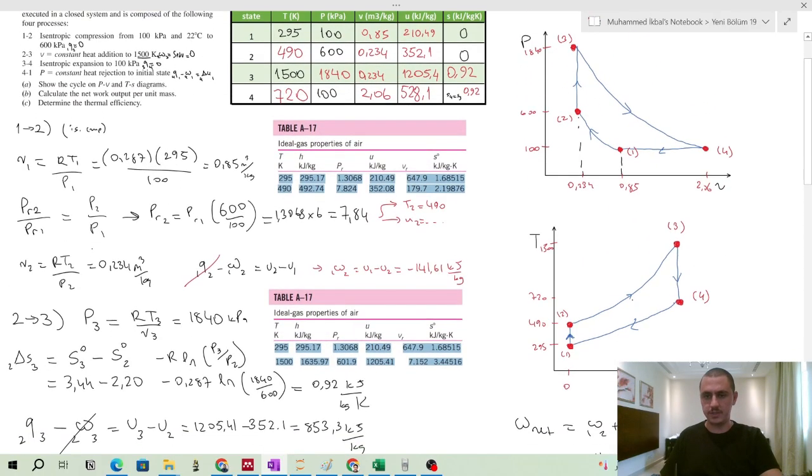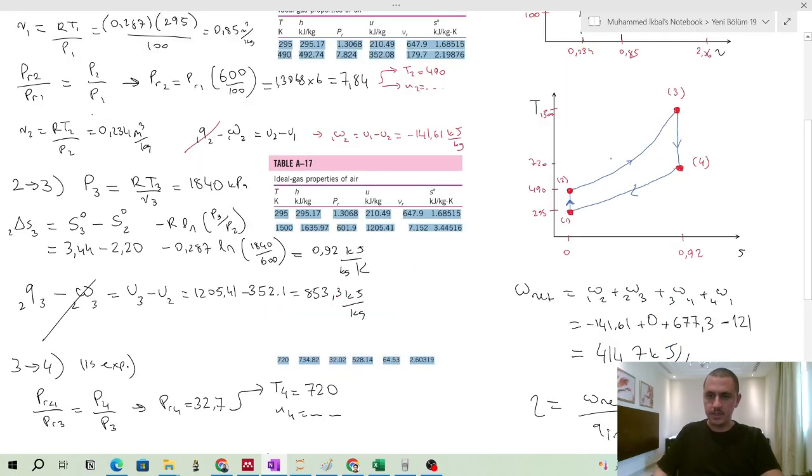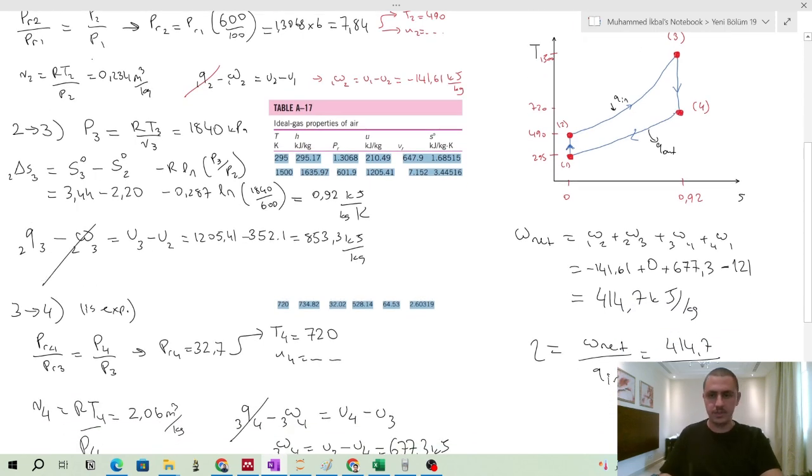From TS you can understand. You have here no heat exchange from 1 to 2, 3 to 4. You have only here. You can say here Q in, here Q out, right? So Q in just from 2 to 3. From 2 to 3, so it is 853.3.